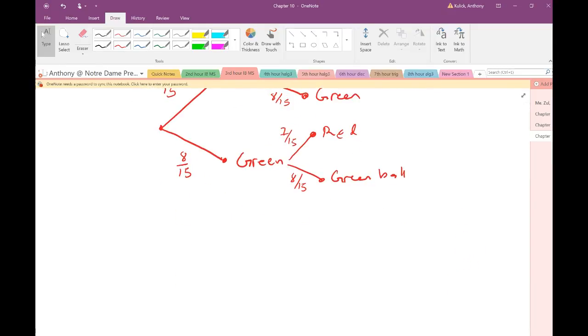So that's an example of a tree diagram. Let's now look at a table of outcomes.